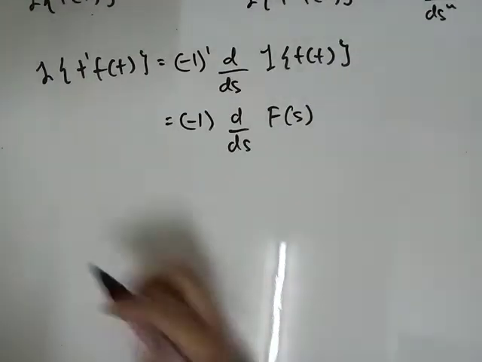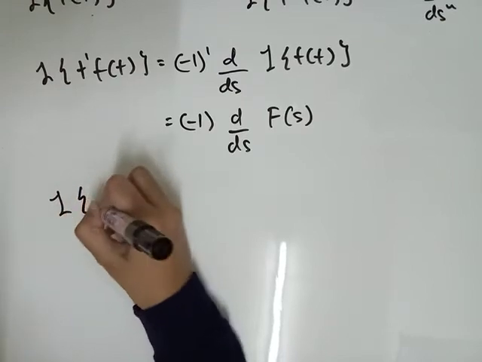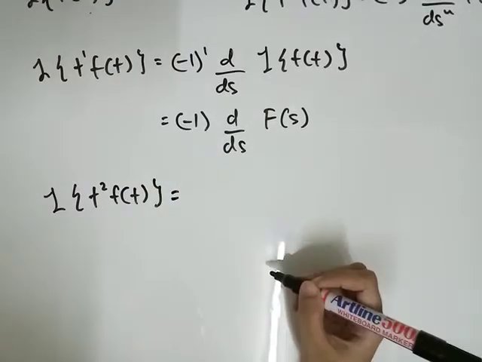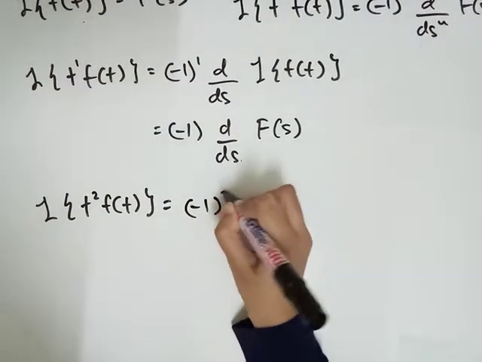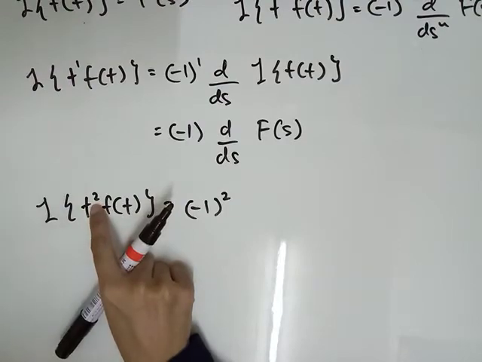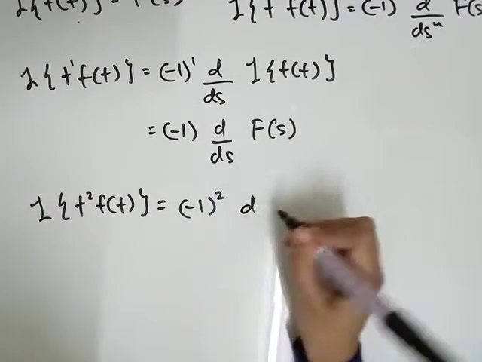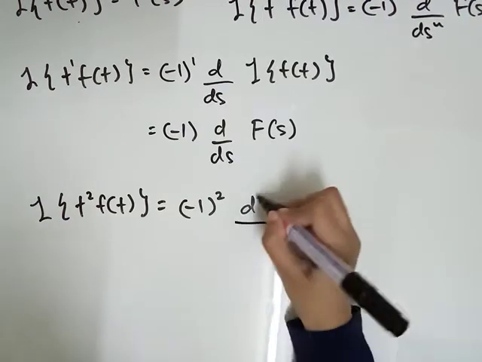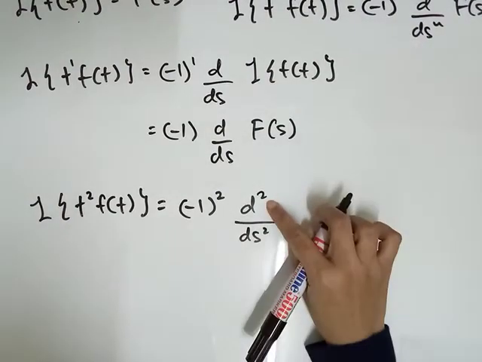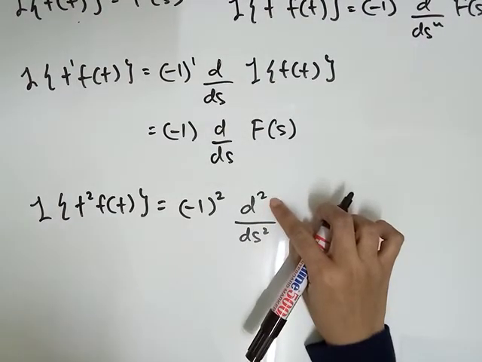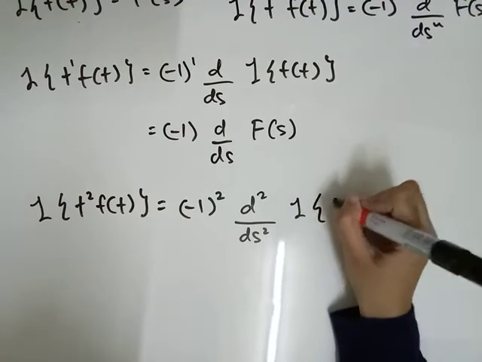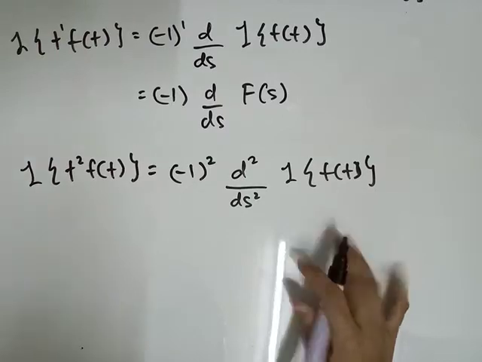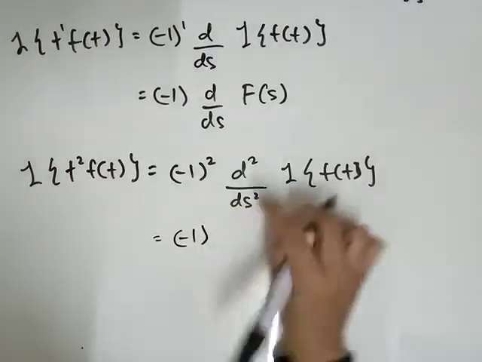If we have the Laplace of t squared times f(t), it is equal to what? -1 to the power 2, because n is 2 here. Then we need to calculate the second derivative of the Laplace of function f(t).